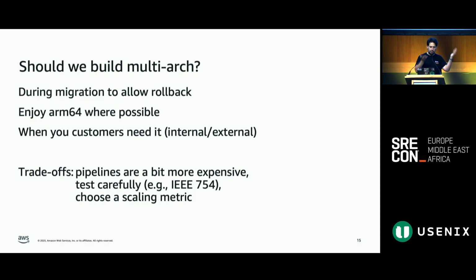There are trade-offs, of course. Again, pipelines are going to be a little bit more expensive. There are some edge cases that you should be aware of. Most people, in at least the last number of years, didn't really change the architecture of the runtime they're running on, or didn't make any big changes to it, and so they might find themselves surprised.